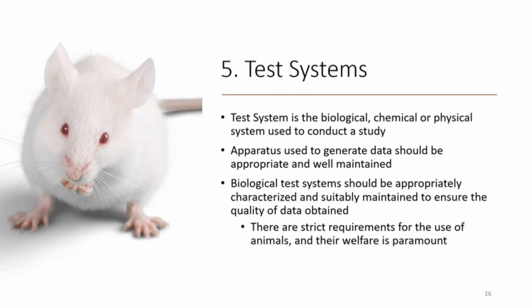And sometimes we want to test the drug on a laboratory animal. Then in this case, our test system would be a biological test system. Regardless of which test system we use, we should always ensure that the system is properly maintained so that we can collect quality data.